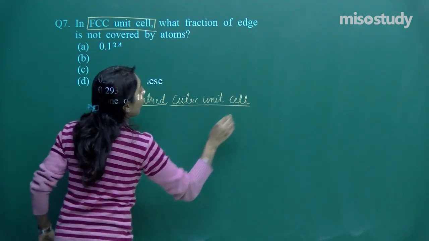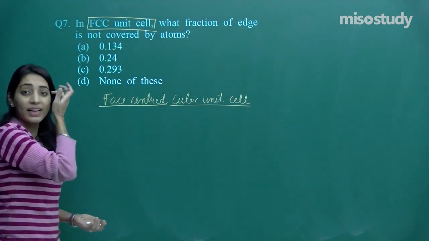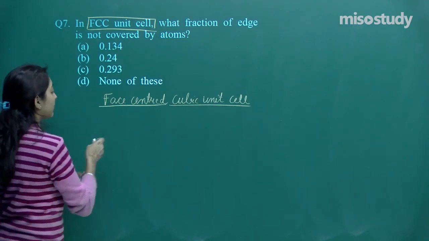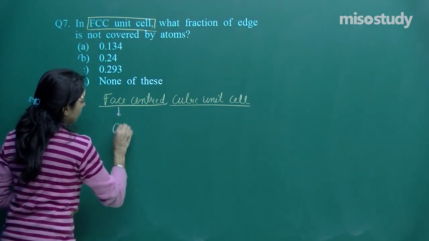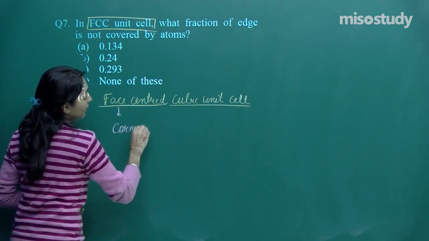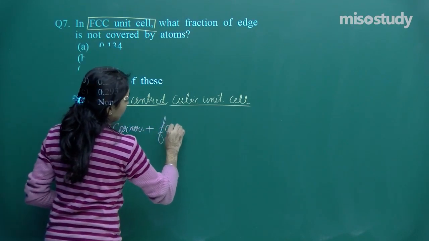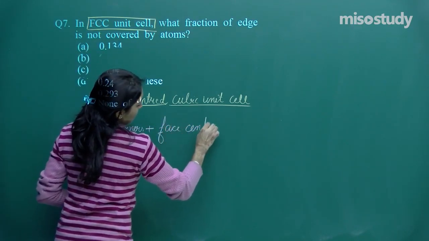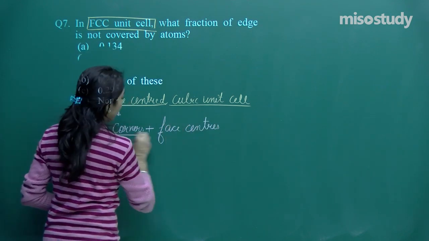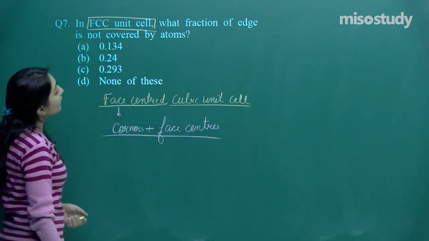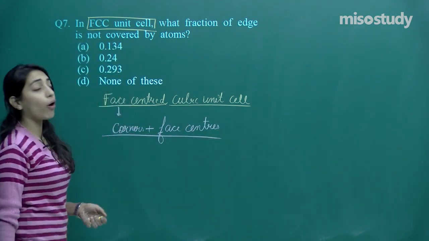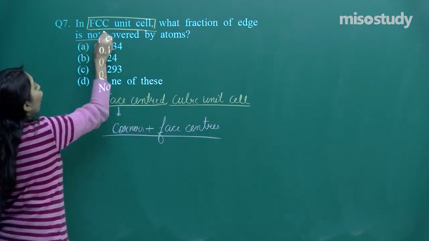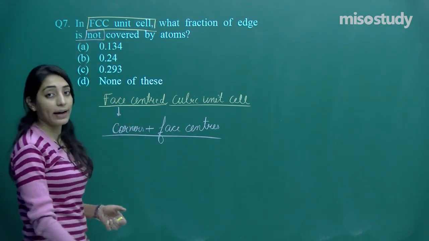So when I am talking about a face-centered cubic unit cell, that means atoms will be present at the corners plus at face centers. He is saying what fraction of the edge is not covered by the atoms.